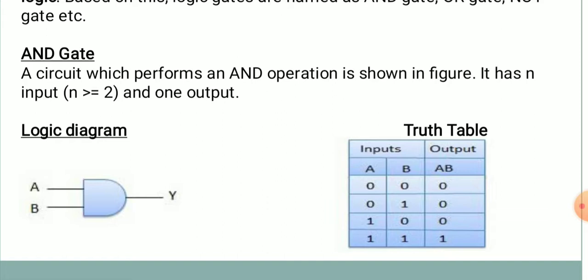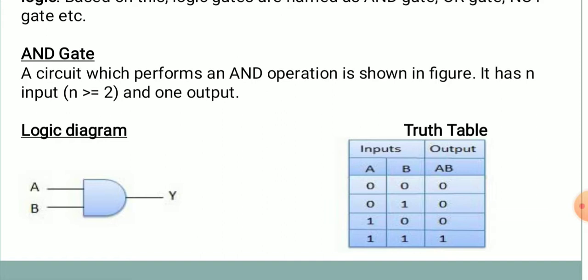It is clear from the truth table that if any one of the input values is false or 0, the output will also be a false or 0 value. That means the output is 1, or true, only if both the input values A and B are true.